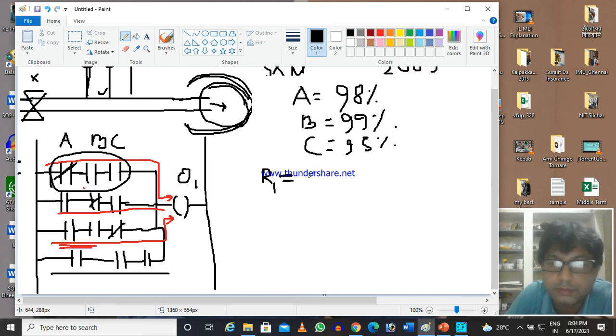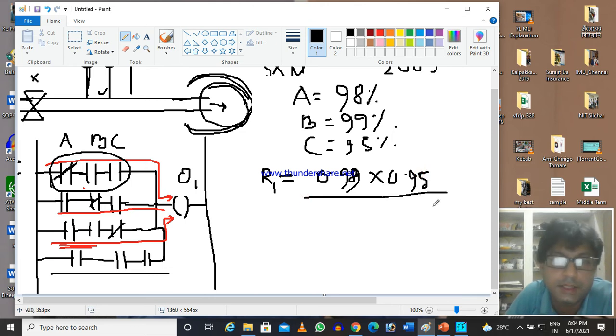So as the reliability given here, that is 0.98 into 0.99 into 0.95. This is this rung, and similarly this rung, and this rung. You can find out the reliability.